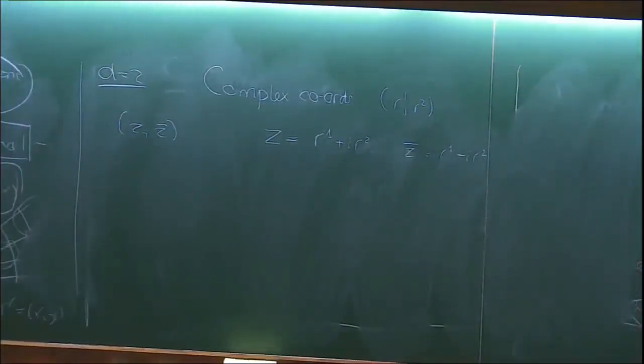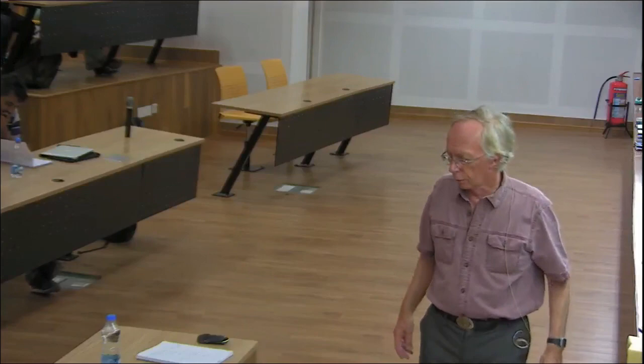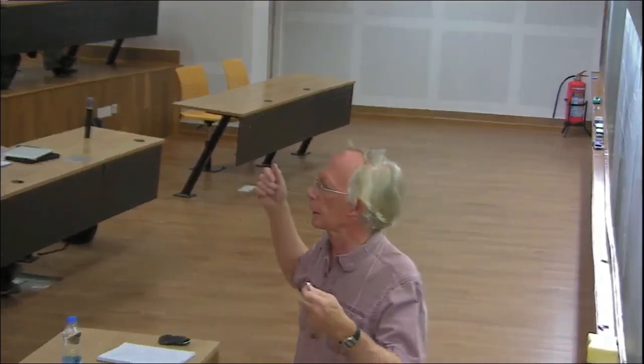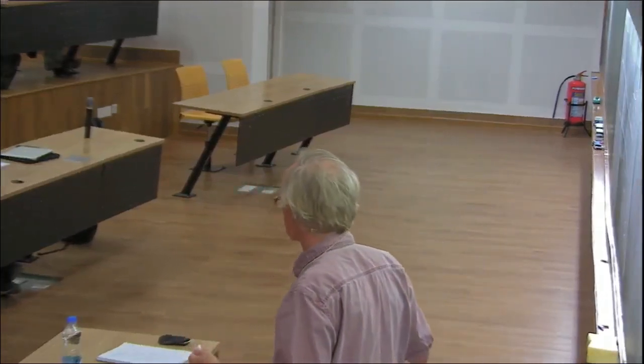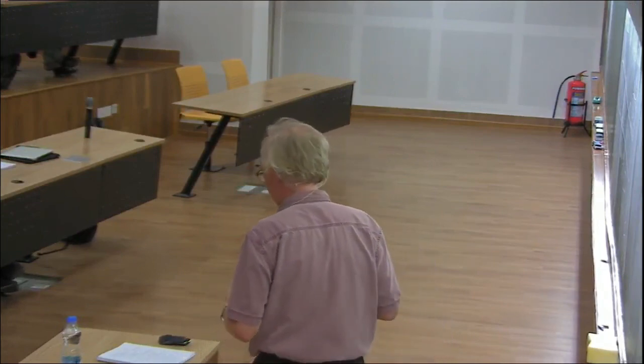But in fact, most of the equations make sense if we ignore the fact that Z bar is the complex conjugate of Z. Just think of Z and Z bar as being linearly independent, which of course they are in the complex sense.